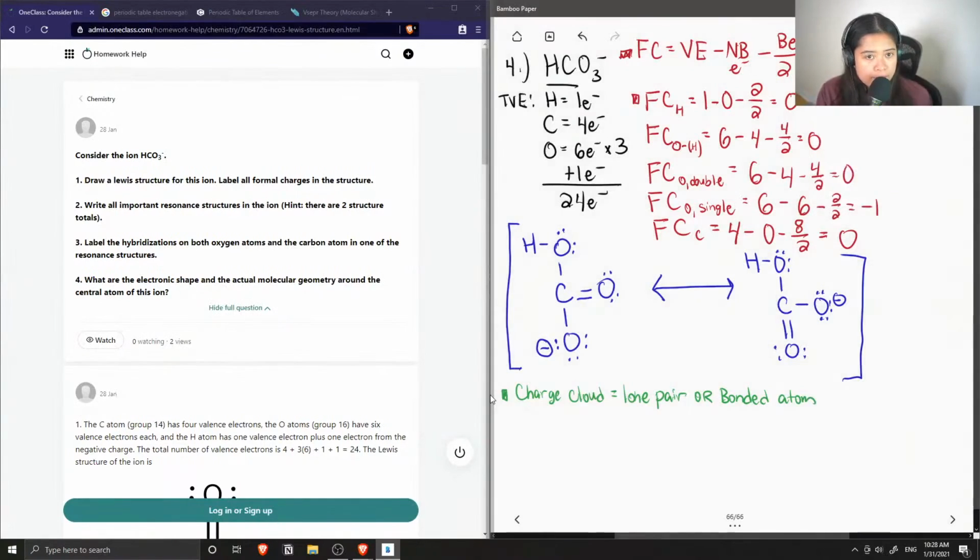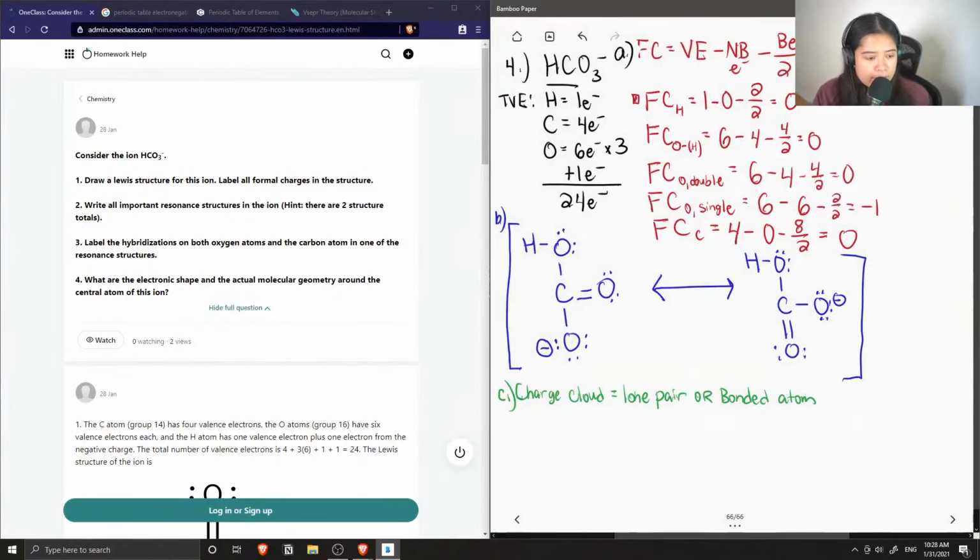Let me label my different sections here. So this is part C, and this is part D, or being B. And up here is part A.